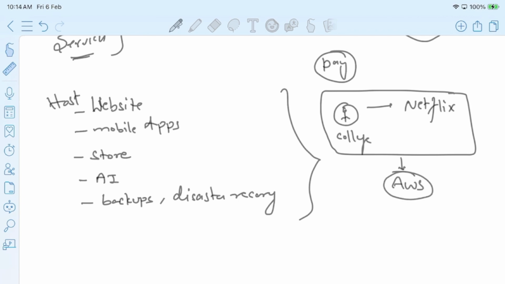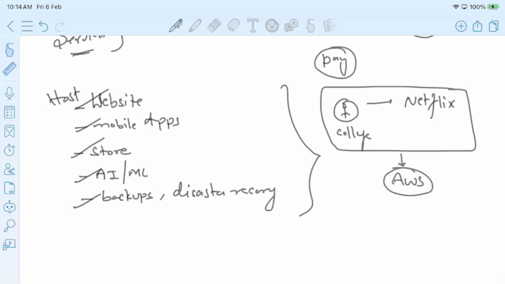Even at the college level, if you want to host any website on a server, run any mobile application, store your application data, use AI and machine learning solutions, or do backups of your data to recover from disasters, we simply go to AWS to get these services. So from college projects to very large market-leading software like Netflix and Amazon Prime, all of these are running inside AWS.